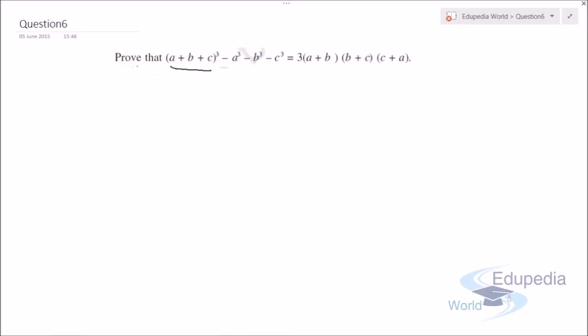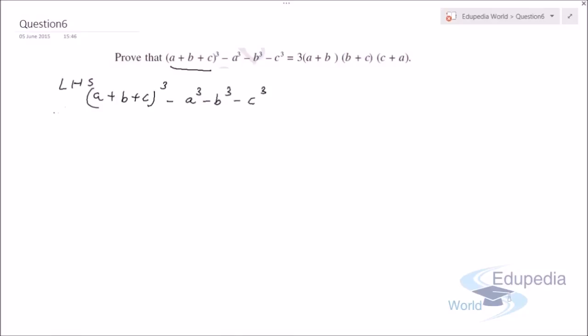So we have to prove this. To prove, let's take LHS. What is LHS? It is (a plus b plus c) whole cube minus a cube minus b cube minus c cube.